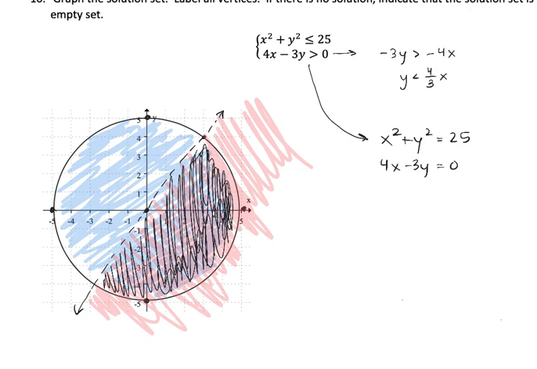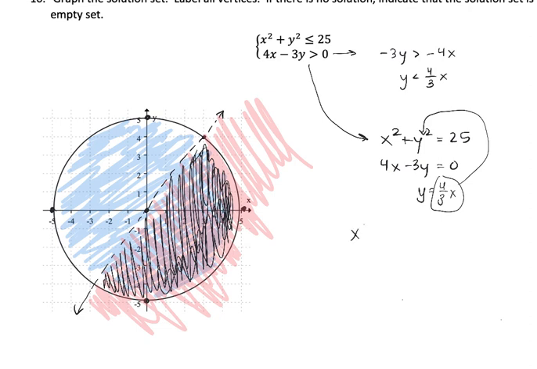We need to use substitution method. So you're going to want to get one of these variables by itself. We did that already here, so if we turn this into an equation, y equals 4/3 x, then that 4/3 x can replace y in the top equation.